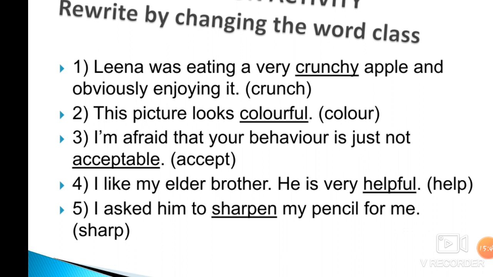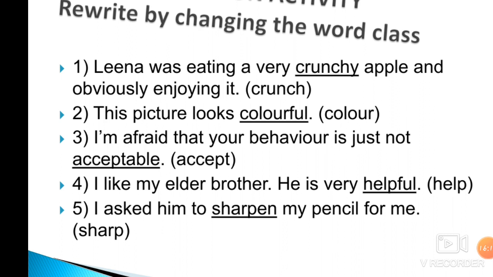I have already mentioned these word forms by underlining them. See, Lena was eating a very crunchy apple and obviously enjoying it. Crunch is the root word. It is showing a verb and we are using crunchy as an adjective.